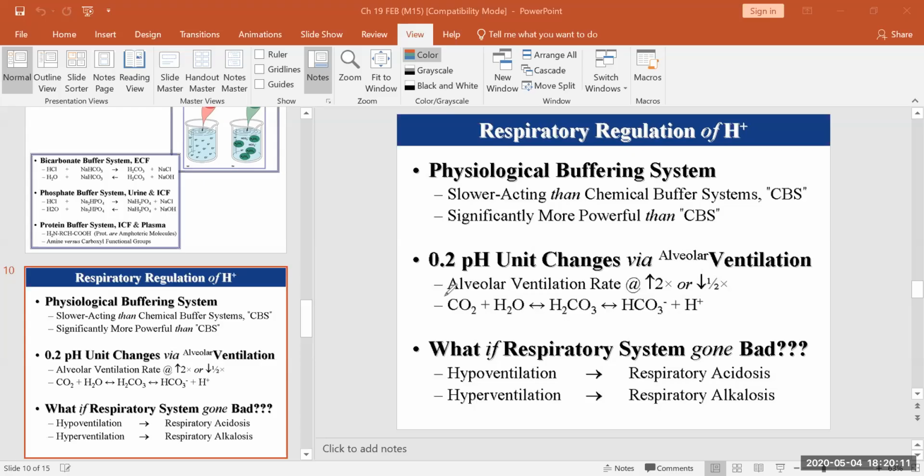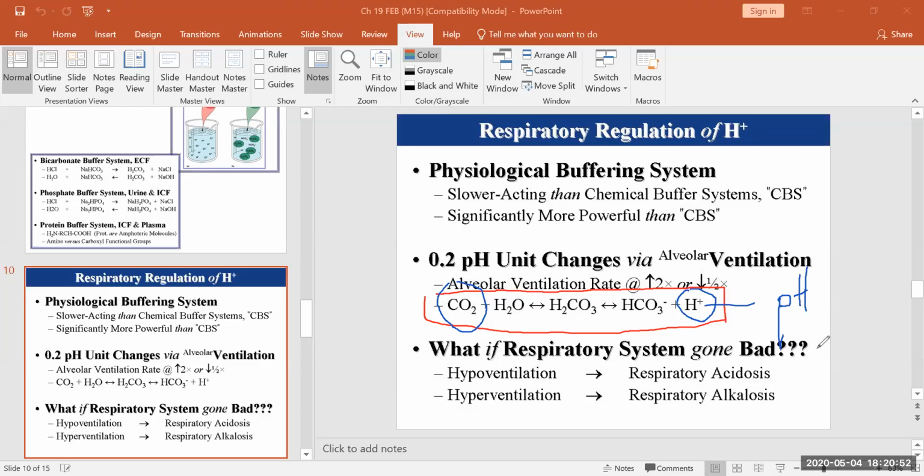This relationship here is one of the most important equations for your entire clinical career: the relationship between CO2 and proton, because this proton is related to pH. The body never allows protons to freely float, because if you allow protons to freely float in a solution, it will acidify your solution. The pH of your solution will drop, right?